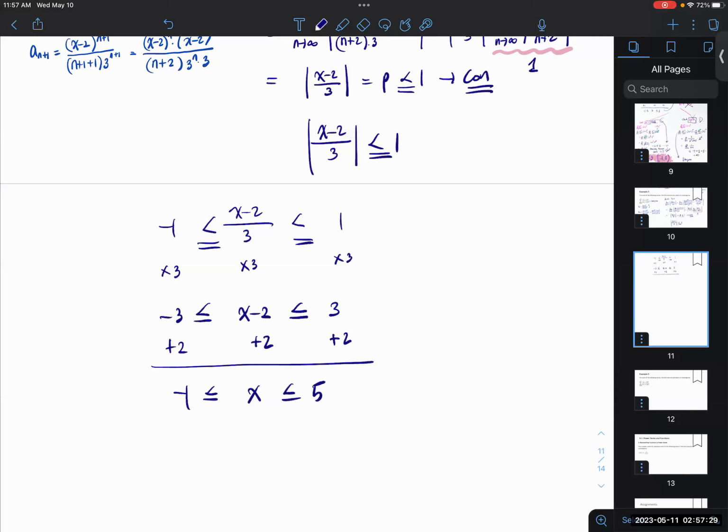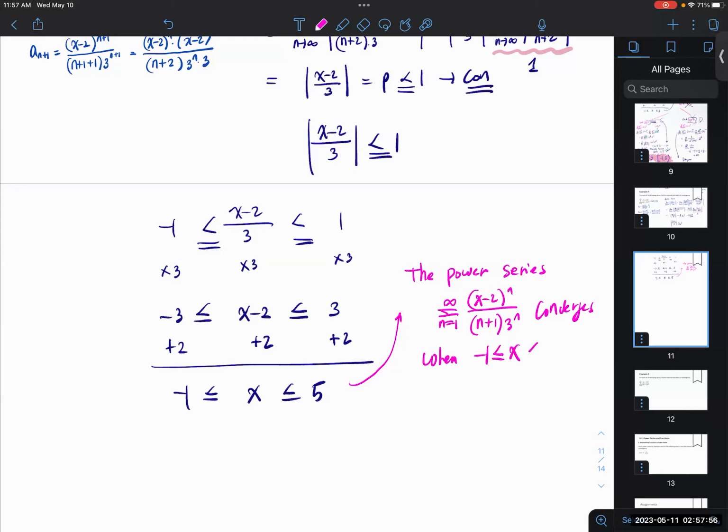Are you going to stop here? Is that your final answer? Again, the power series, the sum from n equal to 1 to infinity of (x minus 2)^n over (n plus 1) 3^n, converges when x is between -1 and 5.